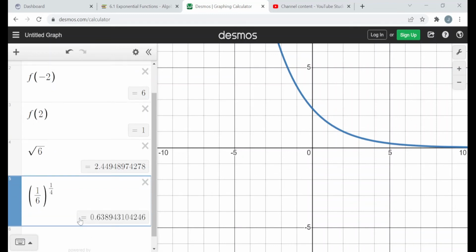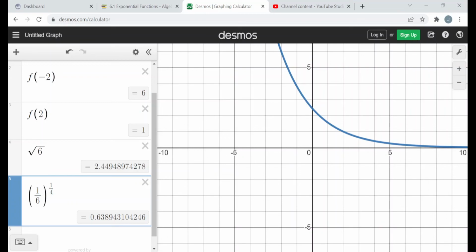You see how b, this 4th root of 1/6, is less than 1 and we have a decreasing function. Exponential decay model. That's what happens when the base is less than 1. Again, I'm just going to 4 decimal places for all these like earlier.